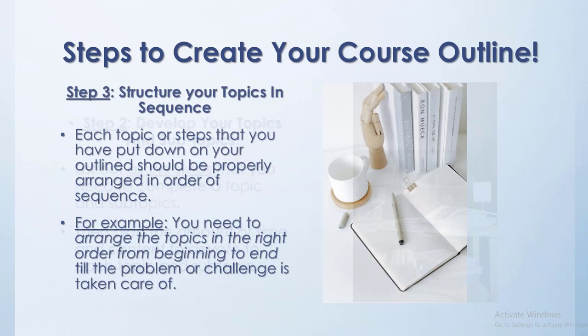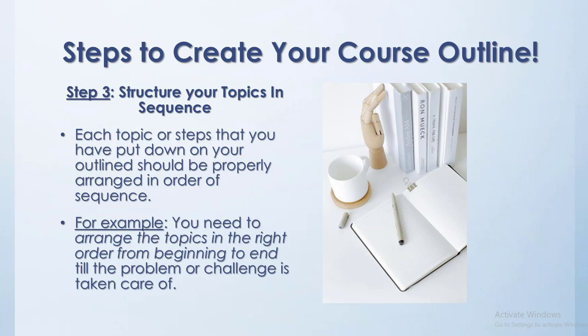So the third step is, after doing that, you now need to structure your topics in sequence. What do I mean? Each topic or steps that you have put down on your outline should be properly arranged in order of sequence, serially, in a way that leads from one point to the next.